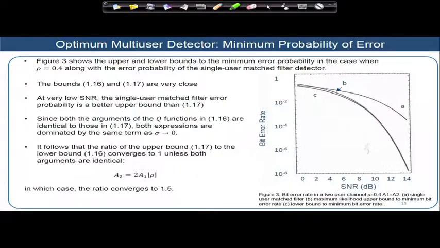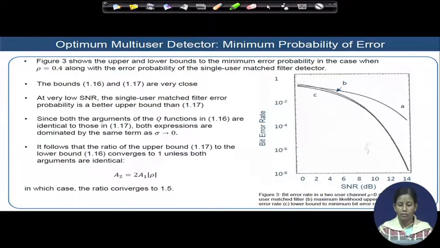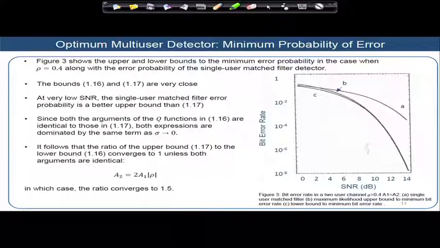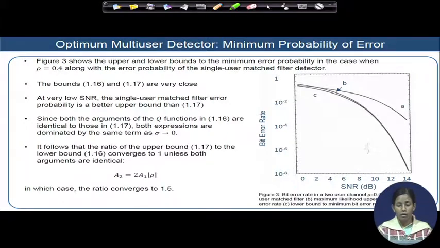That is the way we have derived it, and we have seen that in the lower SNR zone these bounds are different from each other, but as noise effect reduces in the higher SNR zone, both the bounds merge. Moreover, for a very low SNR zone, when sigma tends to infinity, the single user matched filter output performs the best compared to the other two bounds.